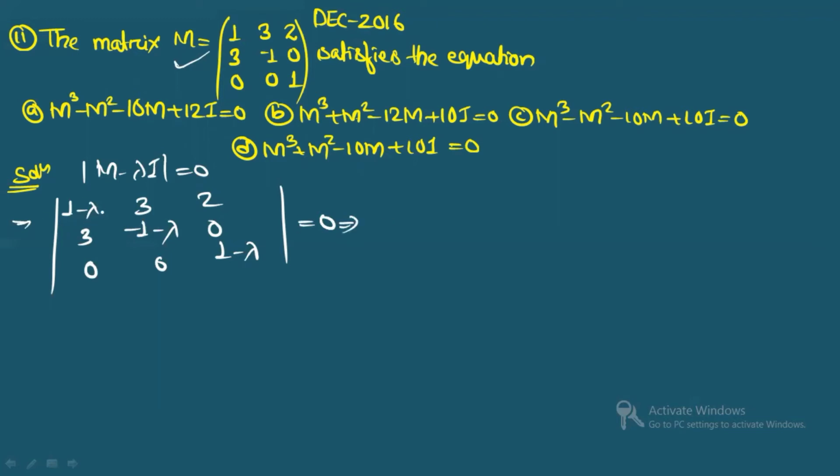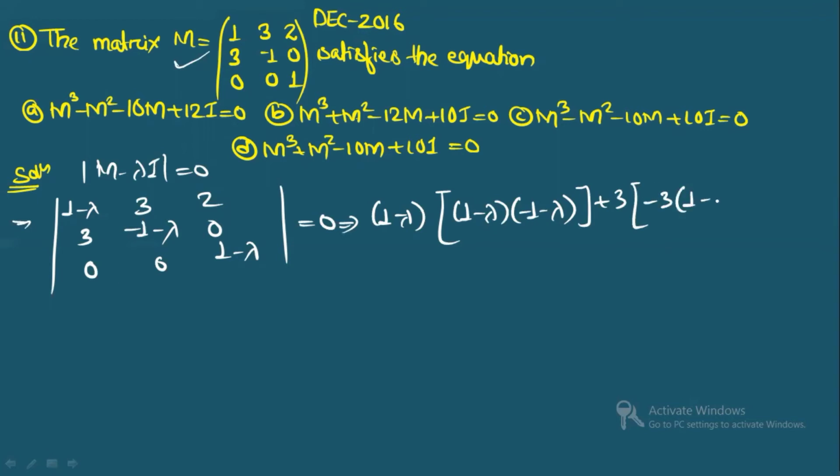So just do the determinant. Okay, so you will get 1 minus λ into (1 minus λ)(minus 1 minus λ), and this is 0. Next is plus 3, so it is 0 minus 3(1 minus λ).